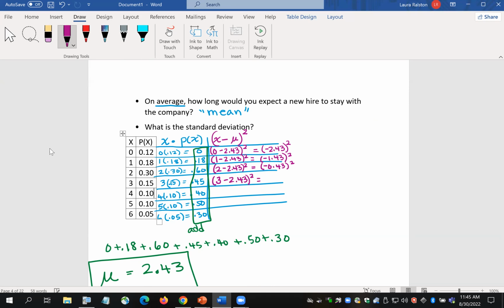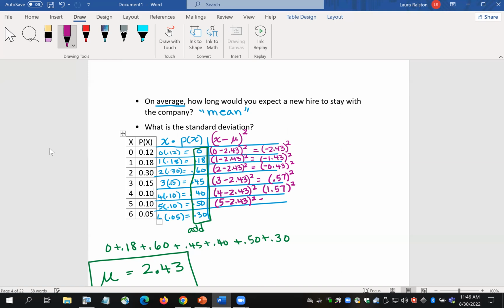Using my calculator, 3 minus 2.43 is 0.57 squared. 4 minus 2.43 is 1.57 squared. 5 minus 2.43.